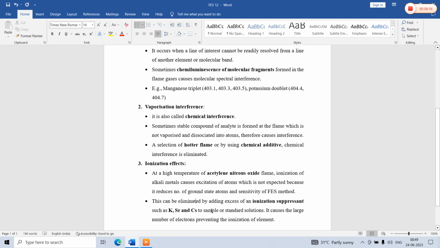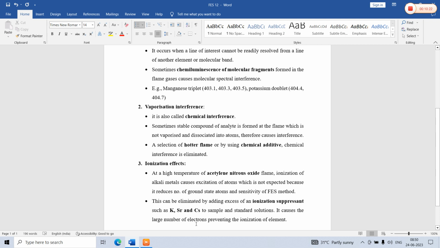We add the ionization suppressant to the sample or standard solution. So the ionization effect or ionization interference can be eliminated by adding a large excess quantity of an ionization suppressant such as potassium, strontium or cesium to the sample and standard solution.